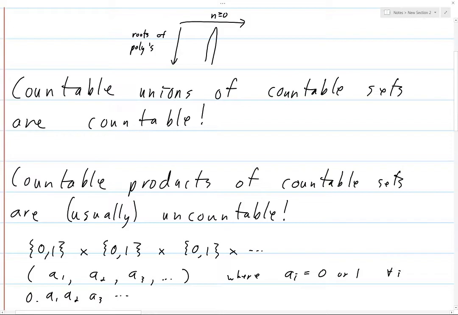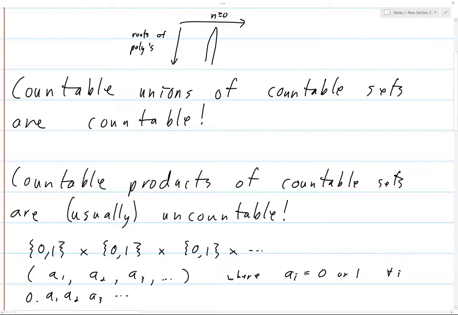Okay, so that's about it. All I wanted to emphasize was that anytime in this proof that I say a countable product of countable sets, ignore that and replace it with countable union of countable sets, and everything else will still work out.